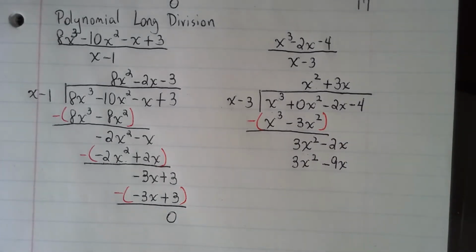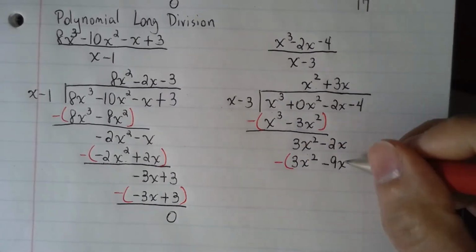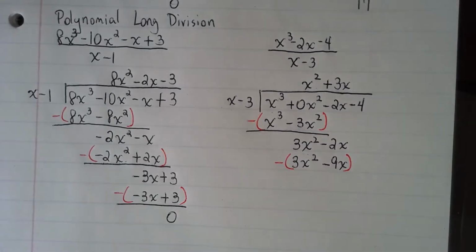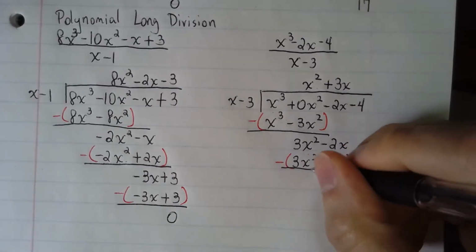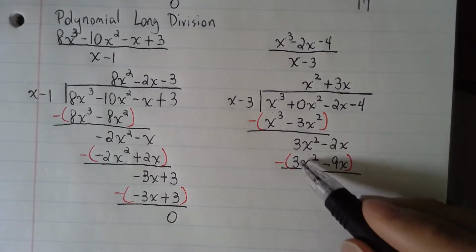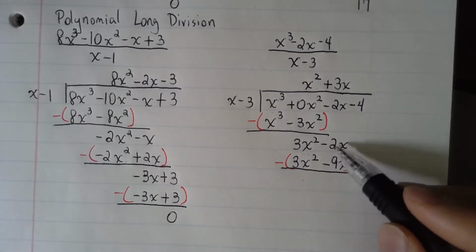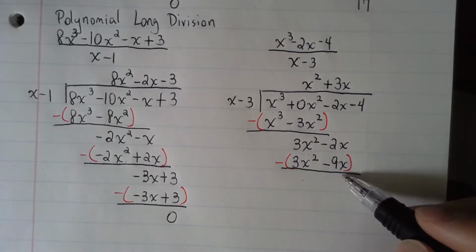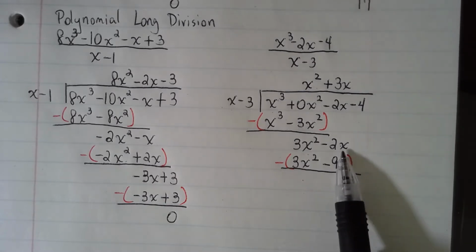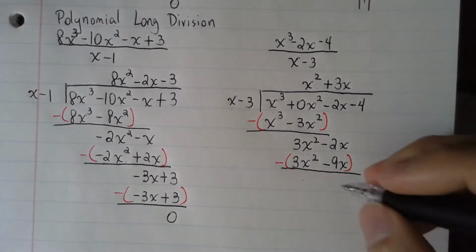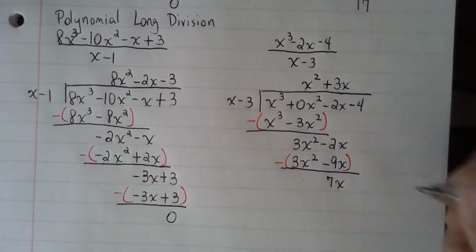And we subtract the whole expression again after we multiplied. And 3x squared minus 3x squared is 0. Negative 2x minus negative 9x is the same thing as negative 2x plus 9x, which should give me positive 7x.